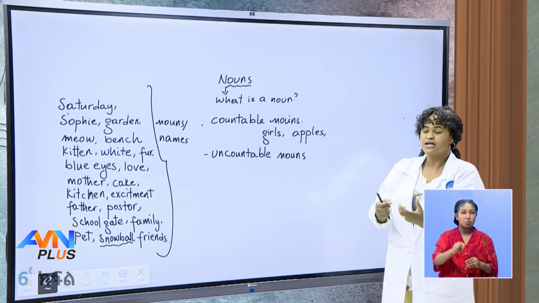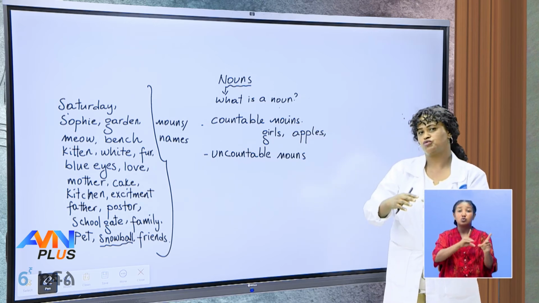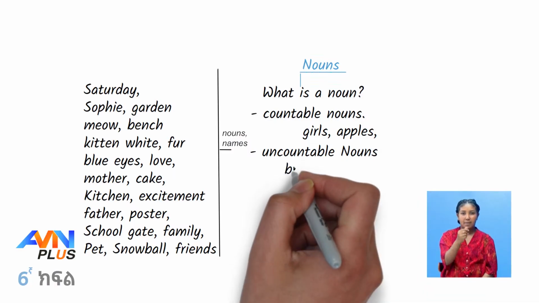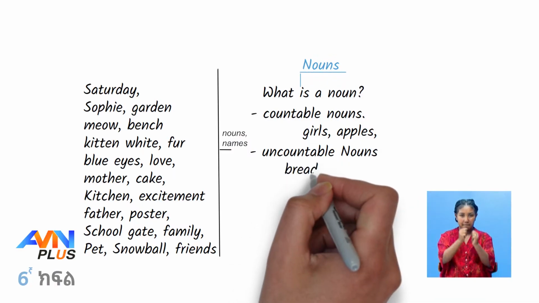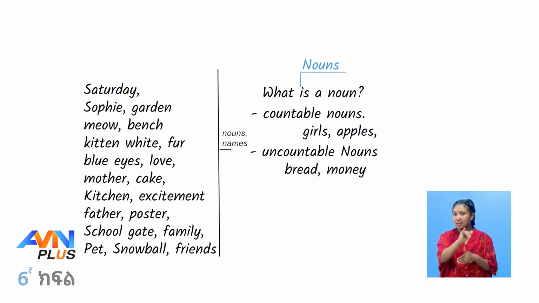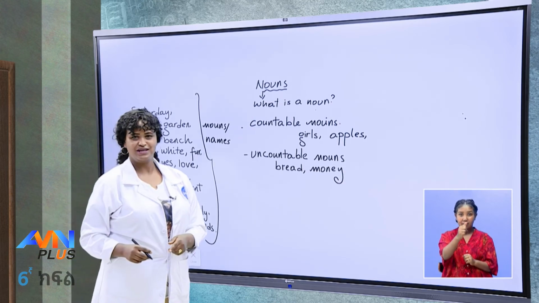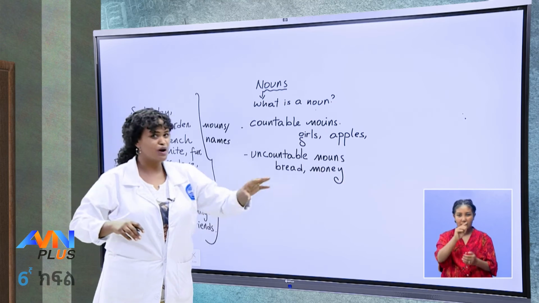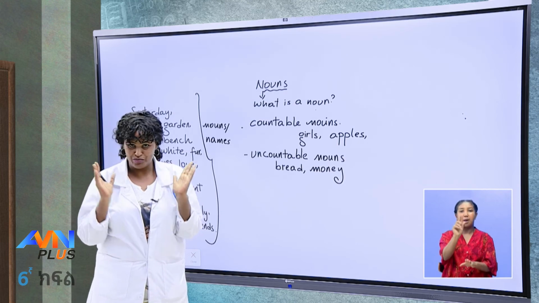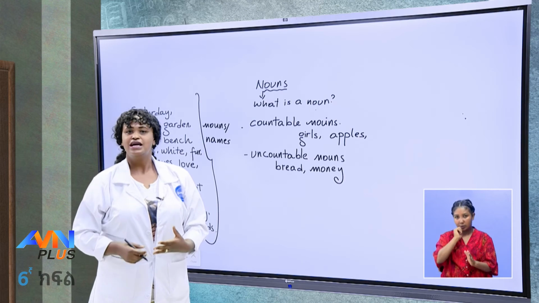We simply say injera. So uncountable nouns are those words that cannot be plural. Another, money. The same is true with money. You say 10 birs. Is it? No, we don't. Whether it is 10 or 1 million or 1 billion or 1 trillion, we call it bir. Only bir. Yes? So these are also uncountable nouns.